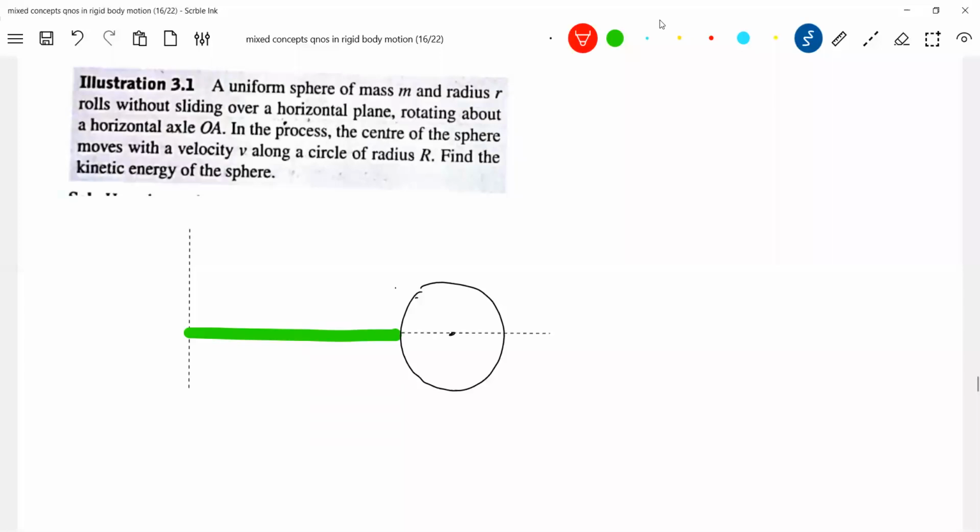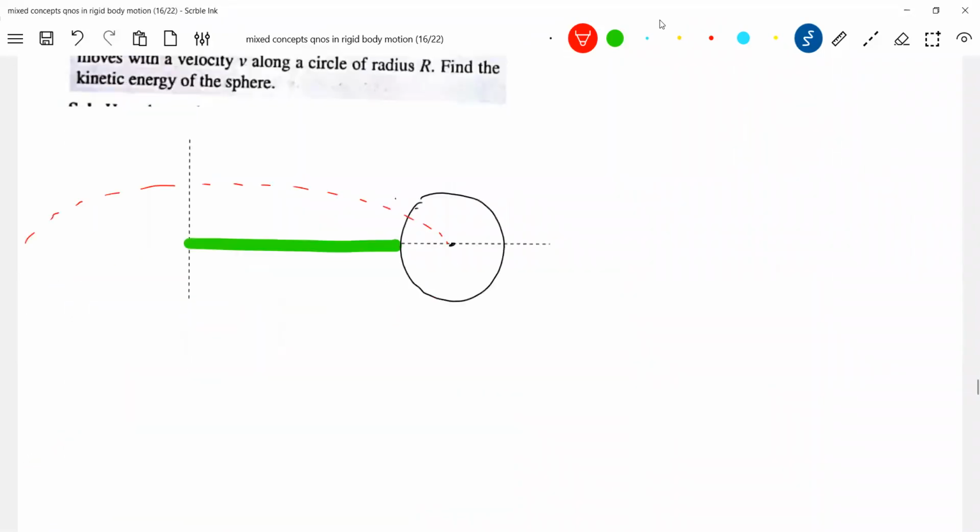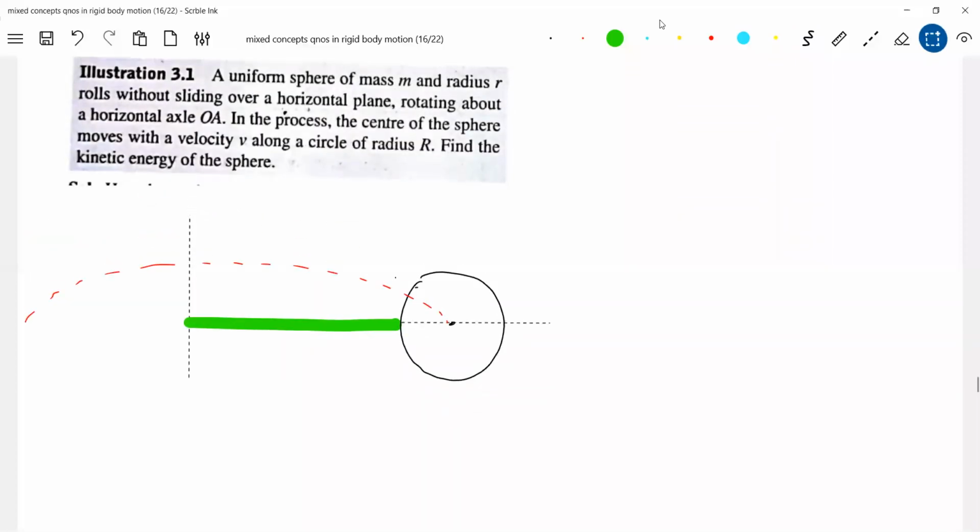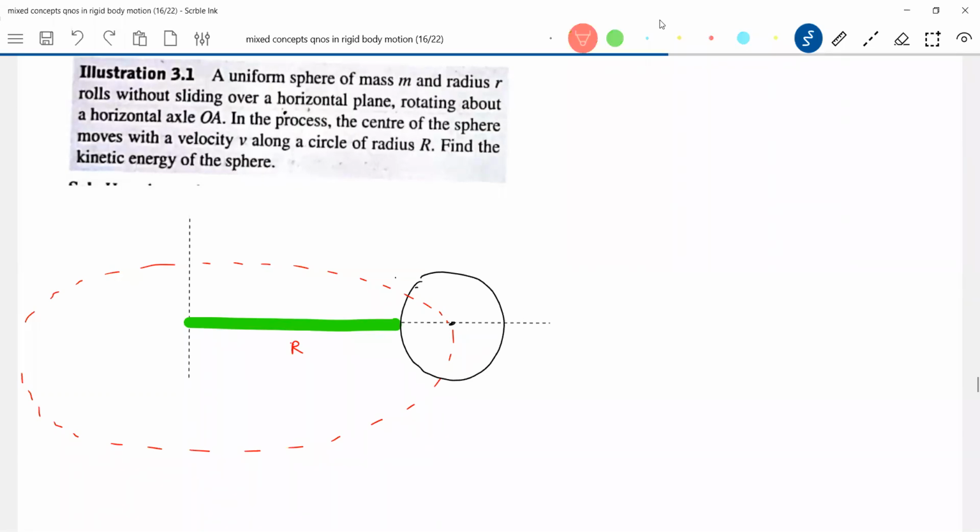The center of the sphere will move in a circle of radius, capital R here. And the radius of the sphere is small r. This is like a horizontal axle, OA.